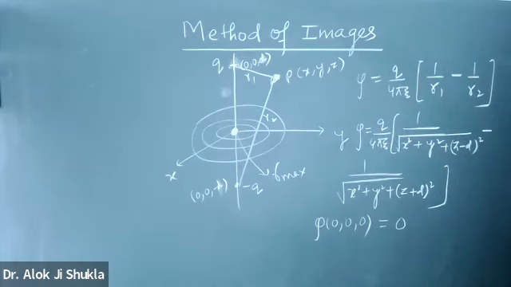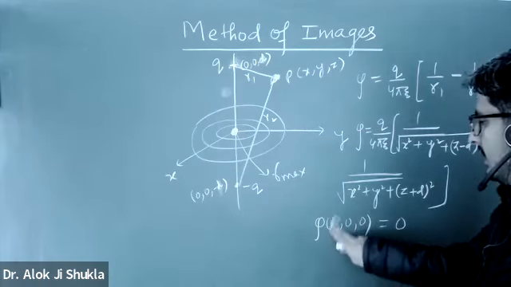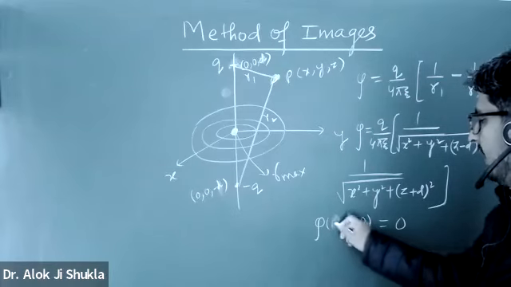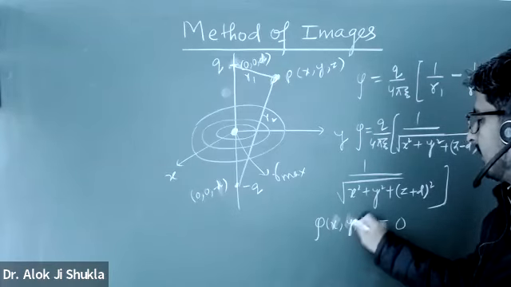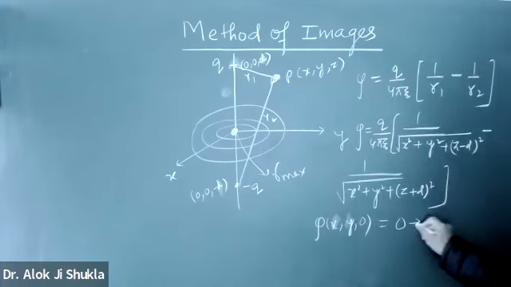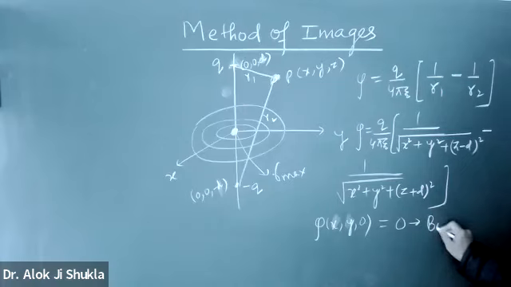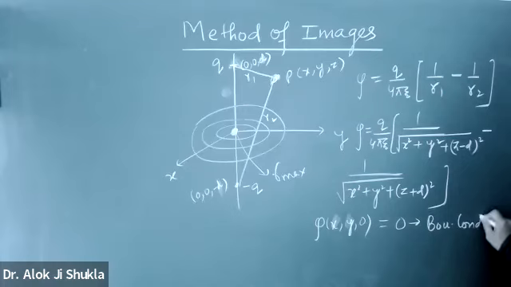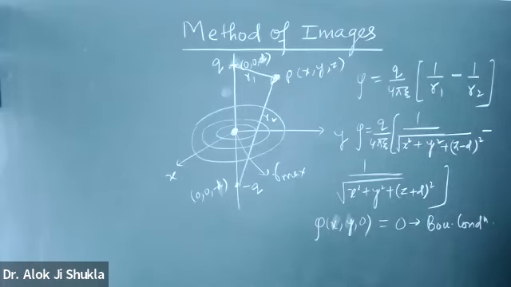Even if I put x comma y comma 0, z 0 means the xy plane, then also I will get 0, and this is according to the boundary condition. Is that okay?